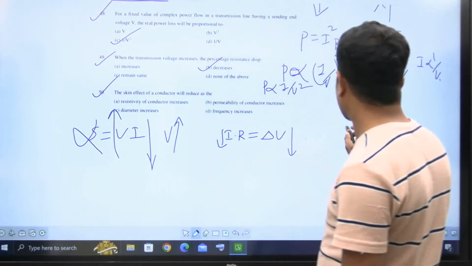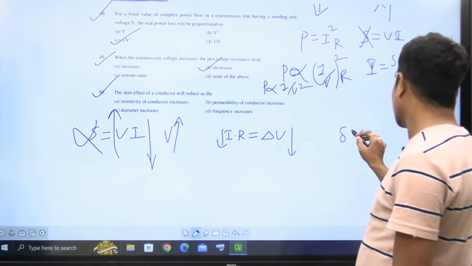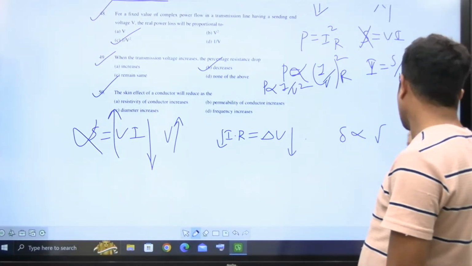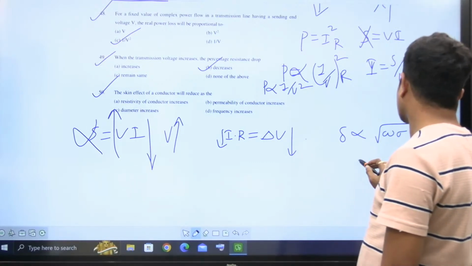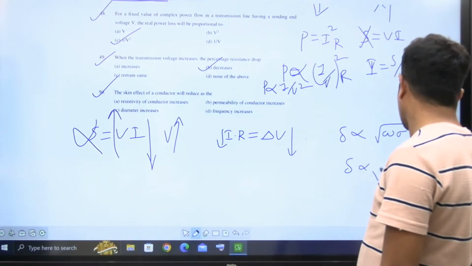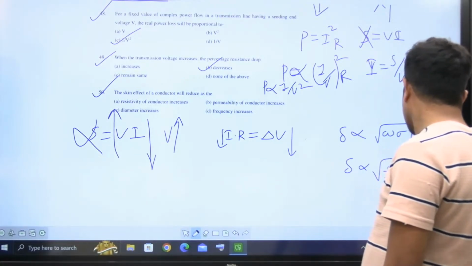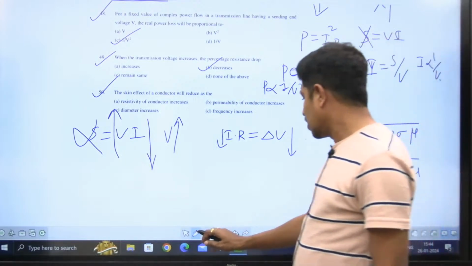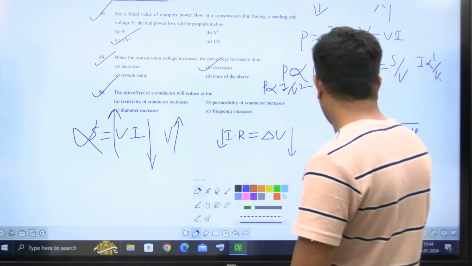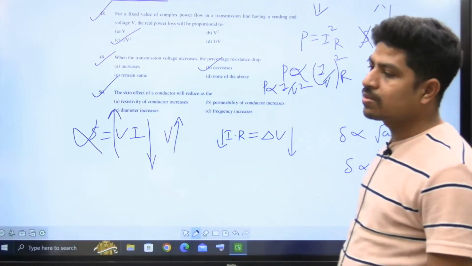See, skin depth delta is directly proportional to under root of omega into sigma into mu, where omega is 2 pi f, so proportional to under root of frequency into sigma and mu. Sigma is conductivity. Skin depth is inversely proportional to that.